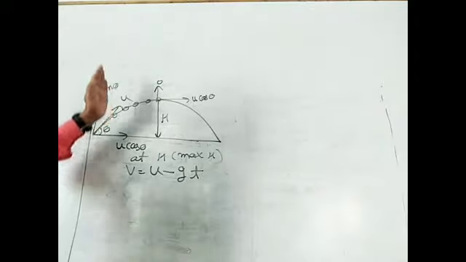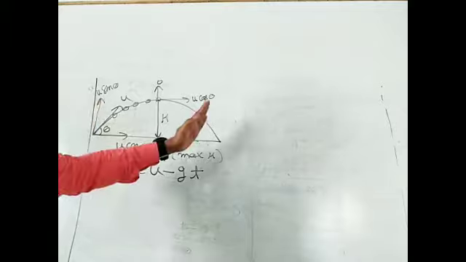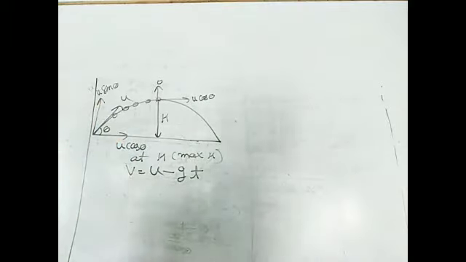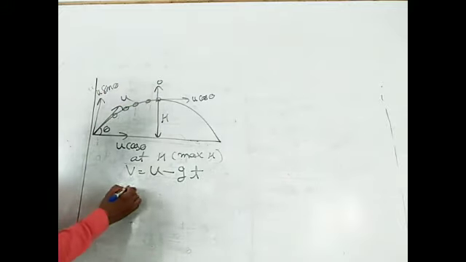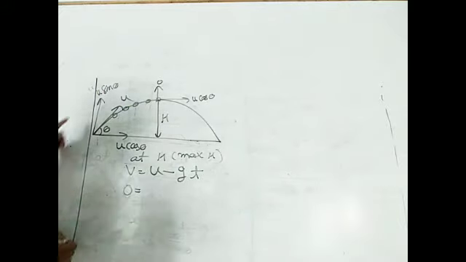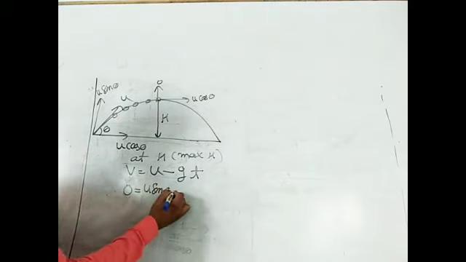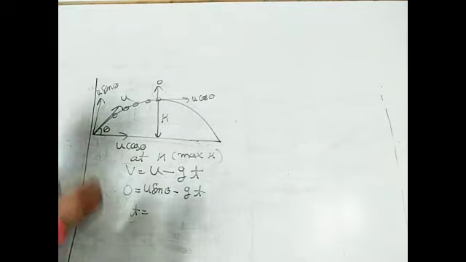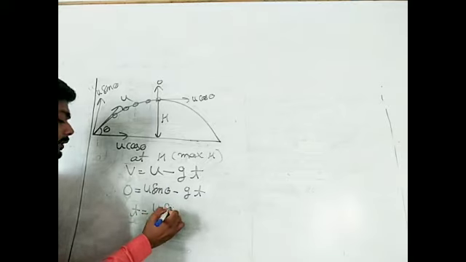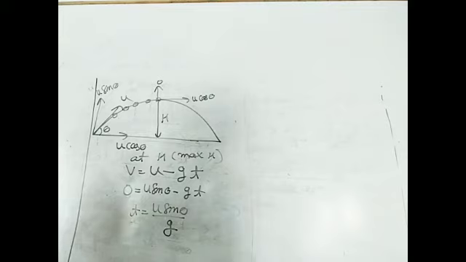For vertical motion we use v sin theta, and for horizontal motion we use u cos theta. Since v is equal to 0, in place of u we substitute u sin theta minus gt. From here you can calculate the value of t. t is equal to u sin theta by g.